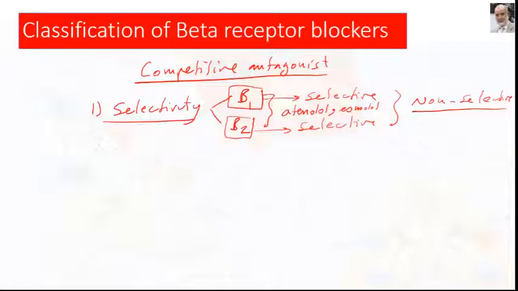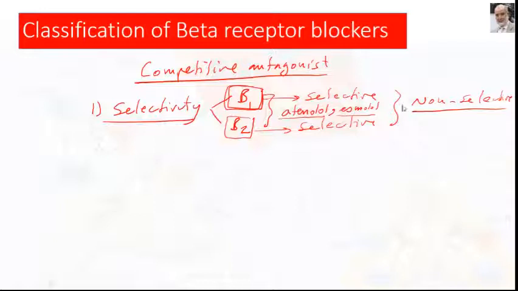So selective beta-1 blockers are selective at therapeutic doses in blocking beta-1 receptors, and the most famous examples are atenolol and esmolol. Now, we have to point out that this selectivity is usually not absolute. At high doses, these drugs can block beta-1 and beta-2, so they are only selective at low therapeutic doses.